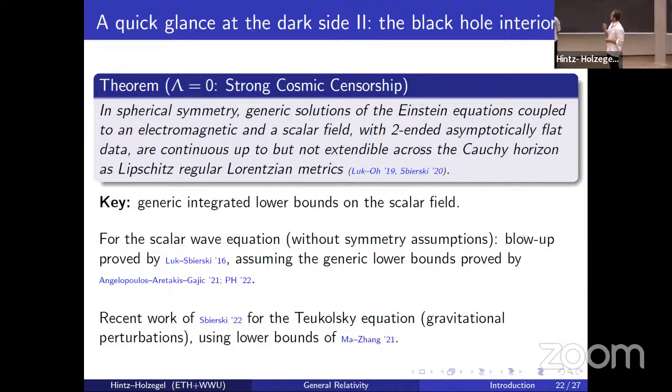But fundamental progress was made for a spherically symmetric toy problem by Luk and Oh, who considered the Einstein-Maxwell scalar field system and proved that you cannot extend as a Lipschitz regular Lorentzian metric. They actually showed C2, and this was later improved by Sbierski. And again, the key ingredient in the proof, as Peter described in the heuristic principle, is suitable lower bounds on the scalar field on the horizon.